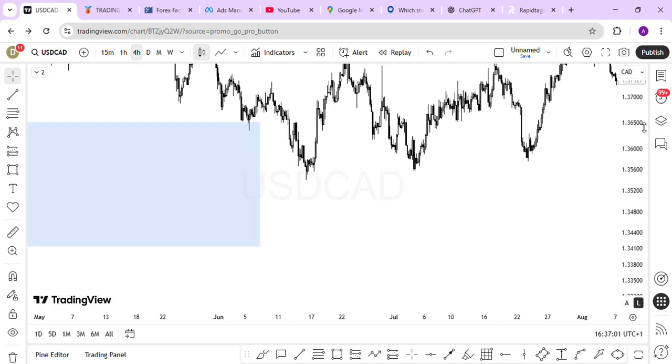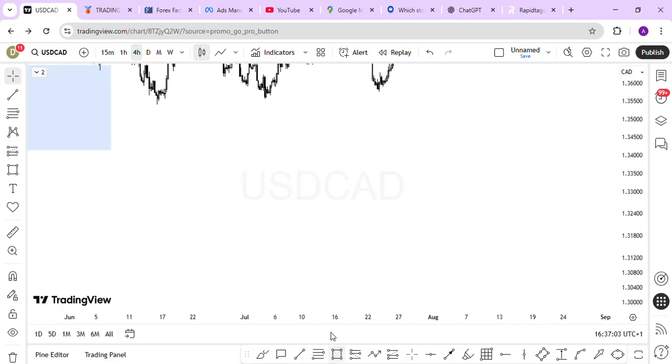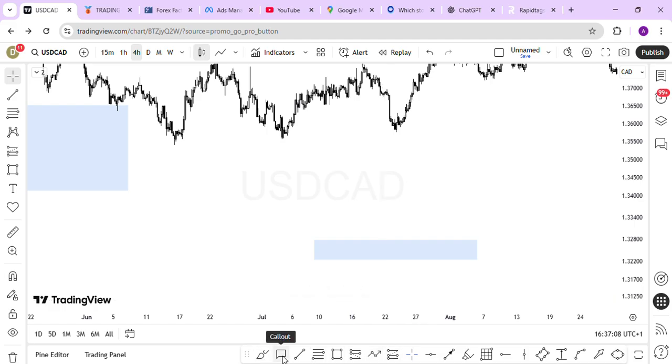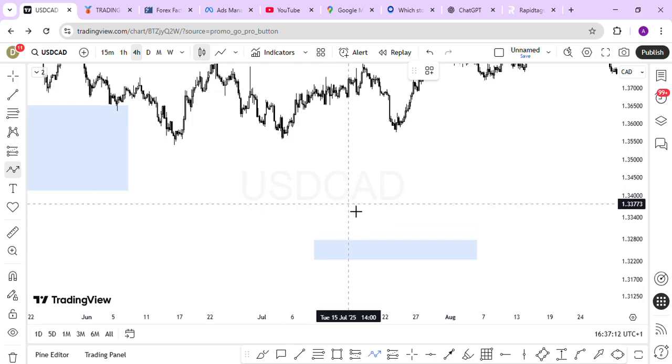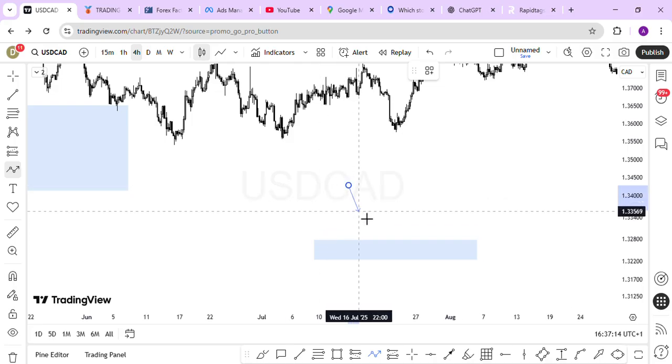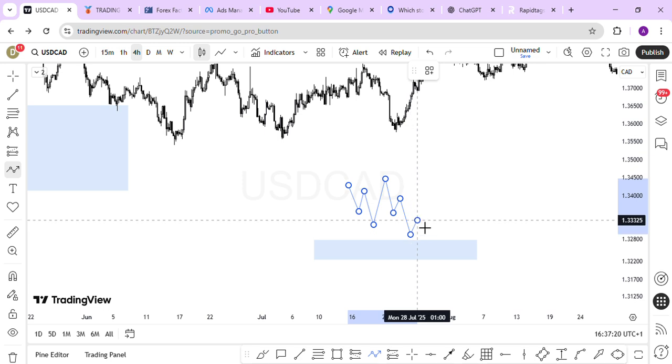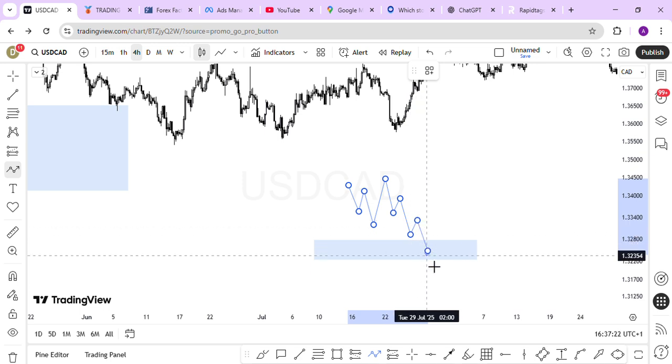But in this video, I will explain something briefly. If this is your higher time frame POI, and you go to 1 hour, the lower time frame, and the market is giving you something like this, this is a structure, and the market is doing something like this, and the market mitigates your POI.